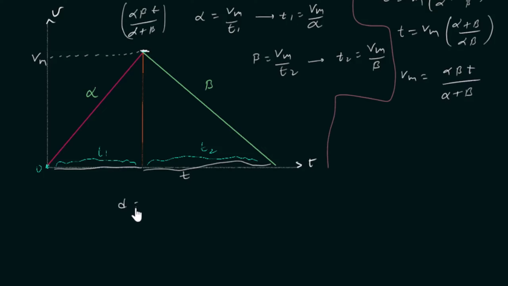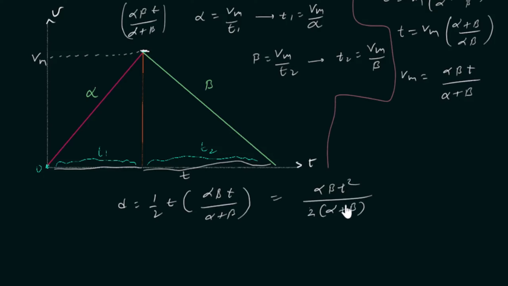So distance will be half base, which is t, times alpha beta t by alpha plus beta. Okay, so this is going to be alpha beta t square divided by 2 into alpha plus beta. So total distance traveled will be alpha beta t square divided by 2 into alpha plus beta.